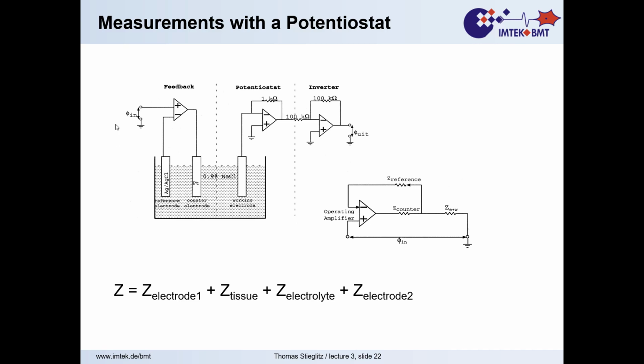A potentiostat is a measurement setup where you need, first of all, 3 electrodes. The electrode that we like to characterize is the working electrode. Then we need to have a connection to our bath in which we measure, where we know what potential that is.